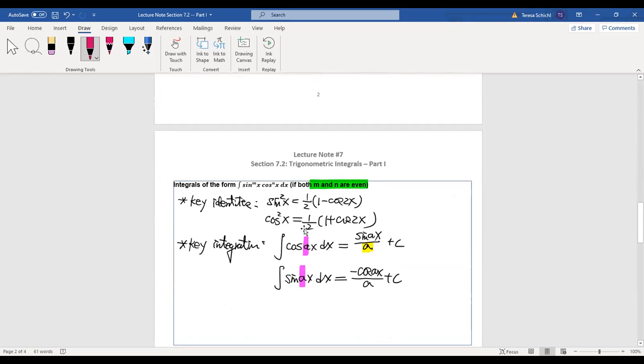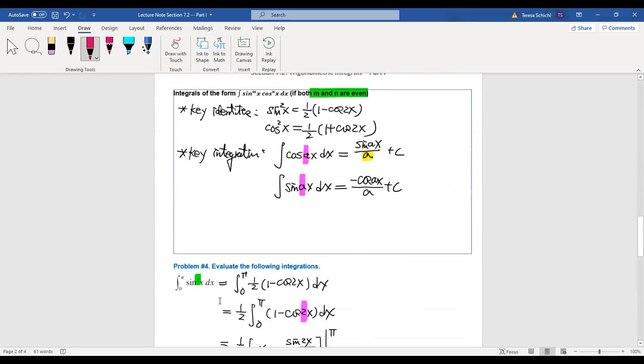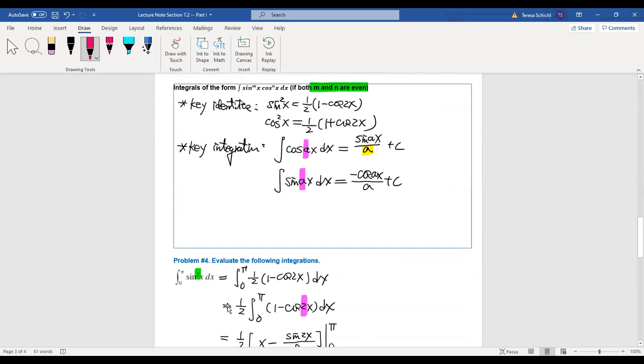And then, remember those simple integrations. If you have some constant like cosine ax, then make sure you divide by the constant a here.